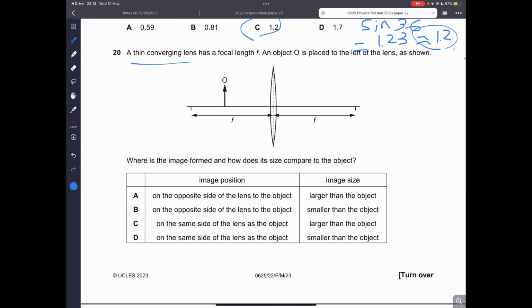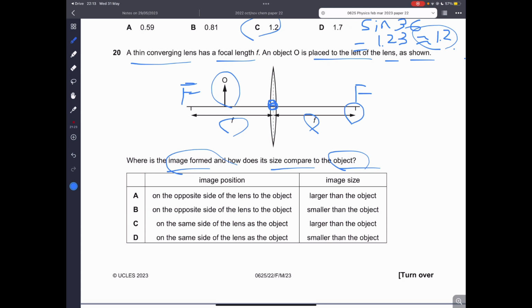Question number 20. A thin converging lens has a focal length f. An object is placed to the left of the lens as shown. Where is the image formed, and how does the size of the image compare to the object? Well, here we can see its focal length, and at the end of the focal length there is a focal point, the principal focus. And now we can see the object is between the center of the lens and the focal point, and this means that this is a magnifying glass.